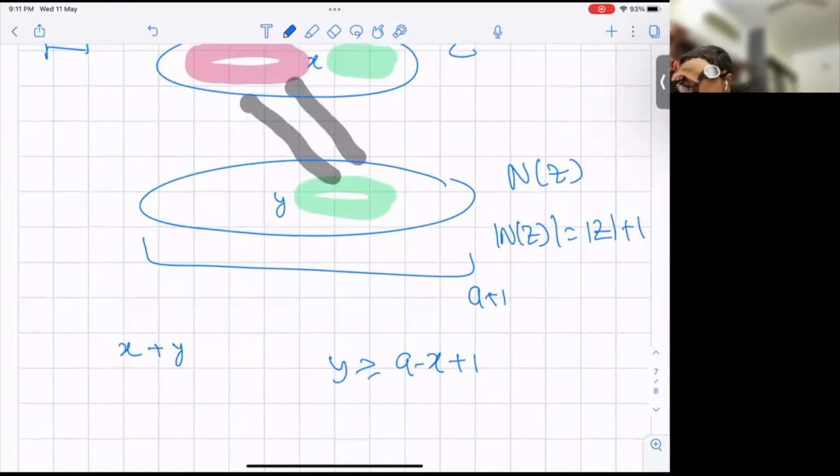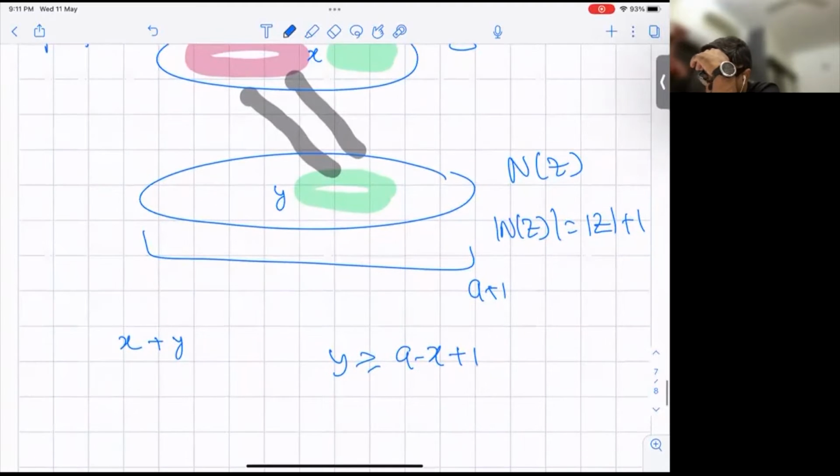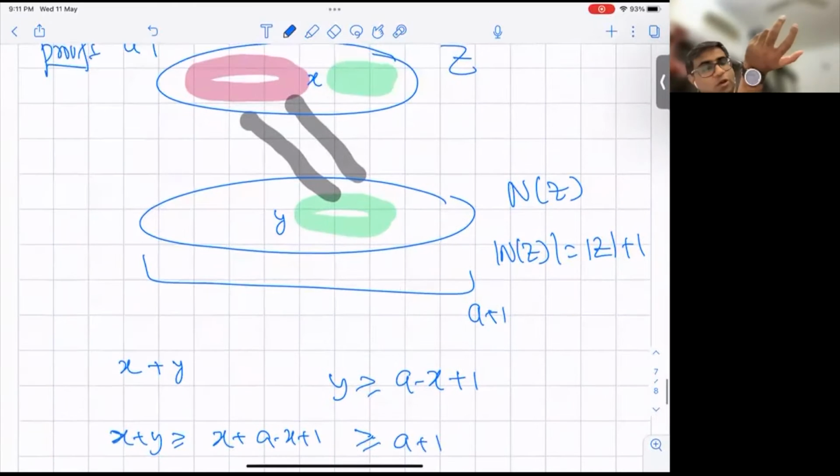So how many vertices did you pick in total? You definitely picked at least X plus Y, which is at least X plus A minus X plus 1, which is at least A plus 1 vertices. Am I right? If that is the case, why not pick the whole neighborhood of Z? Because that will do more than picking partially from here and partially from there.